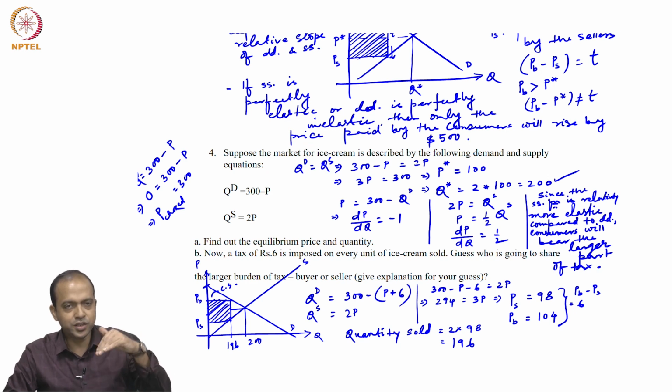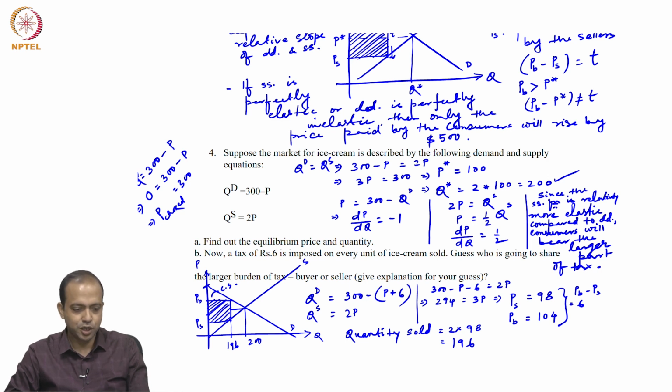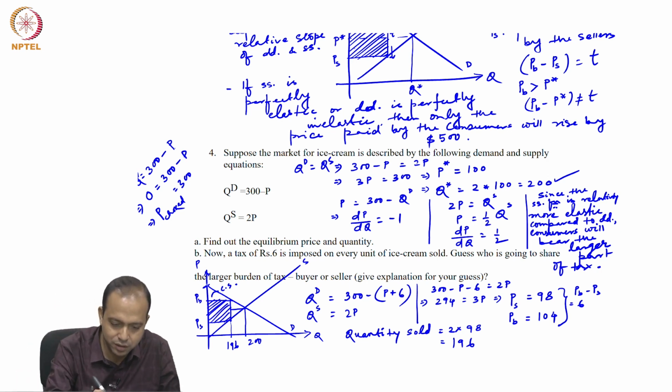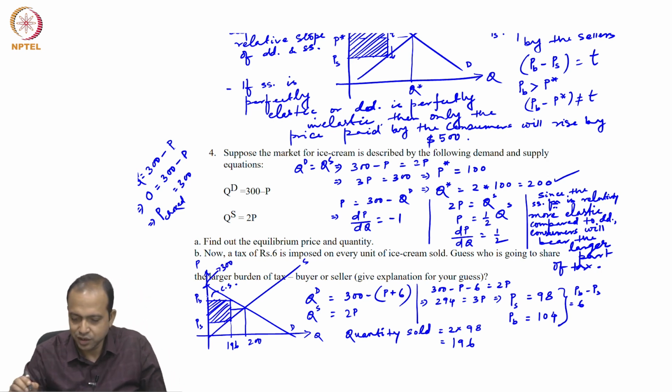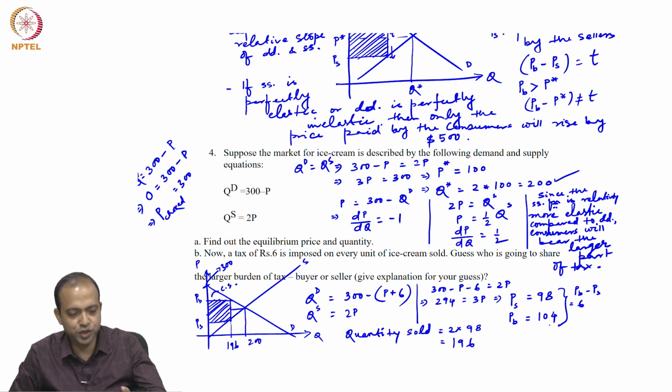So, if price goes to 300 per unit, then there would be no demand for the product. So, this is 300, PB we know is 104, that we have found out. So, the difference between 300 and PB is the height.